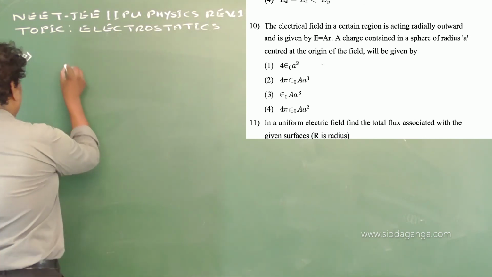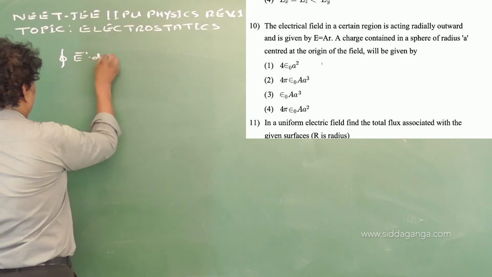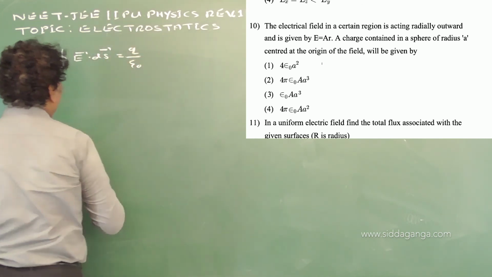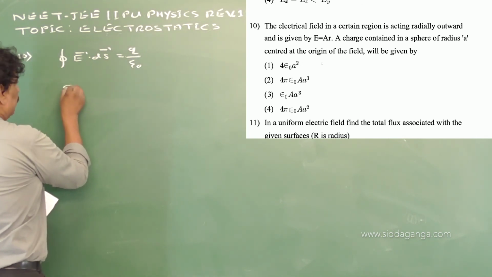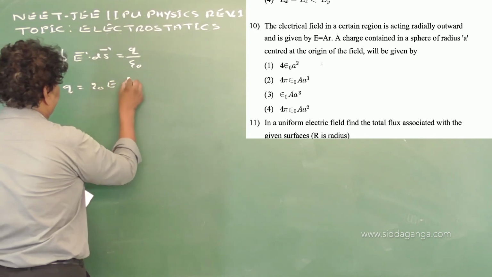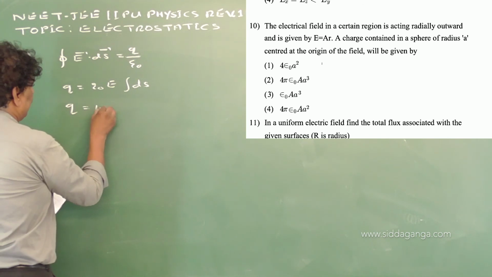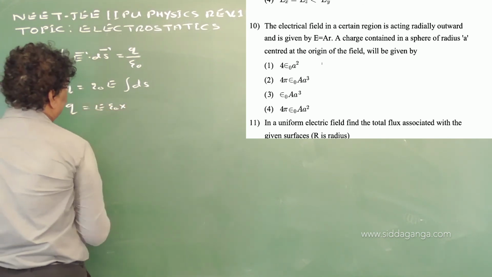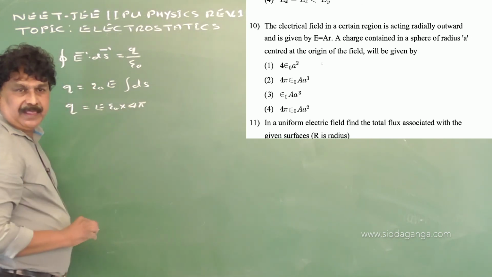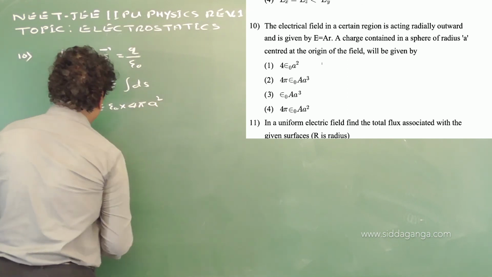Now we have the integral of E dot dS is equal to Q by epsilon naught, or Q is equal to epsilon naught into E into the integral of dS, which is 4 pi r square. But here the radius is equal to A, so 4 pi a square.